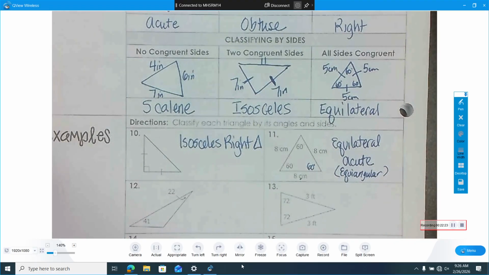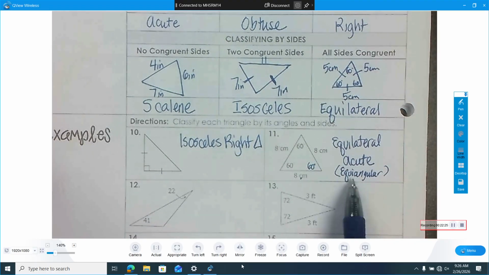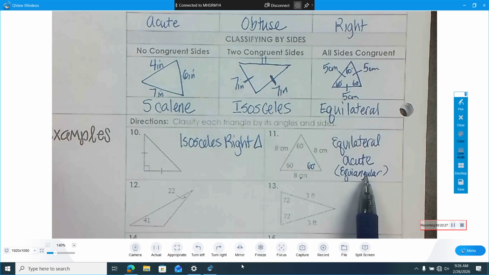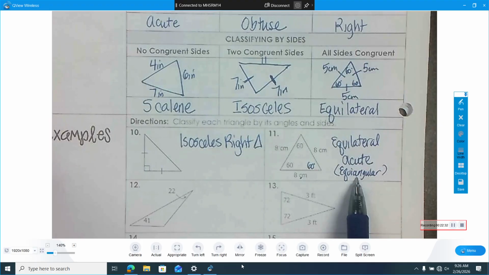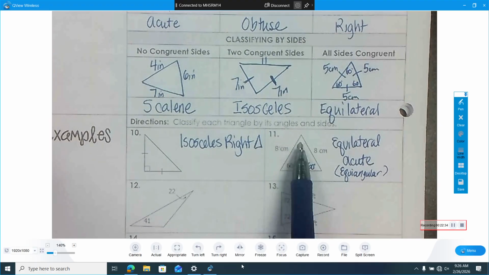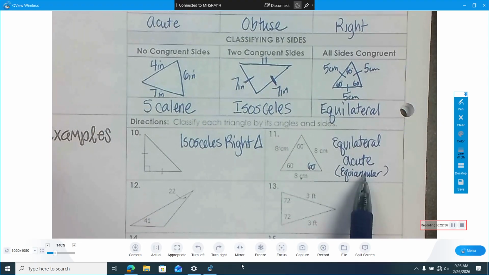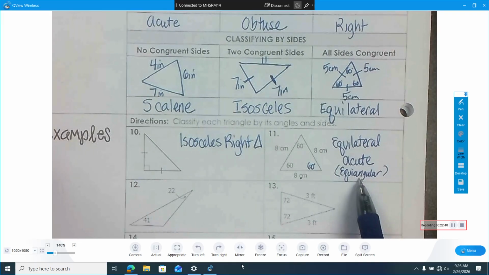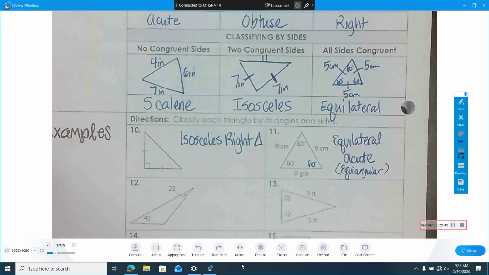I don't know if that's going to come up in Delta Math or not. Will you write that down, please, just so if you see it? Equiangular. What do you suppose equiangular means? Equal angles. All three angles are exactly the same, 60 degrees. So equilateral, equiangular is a word that might come up for classification.